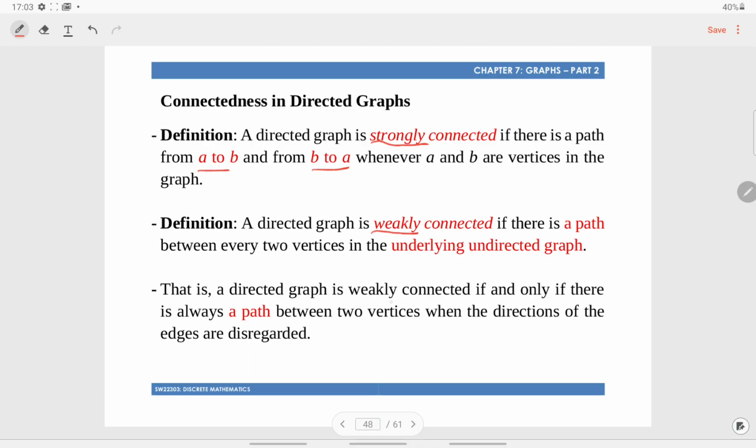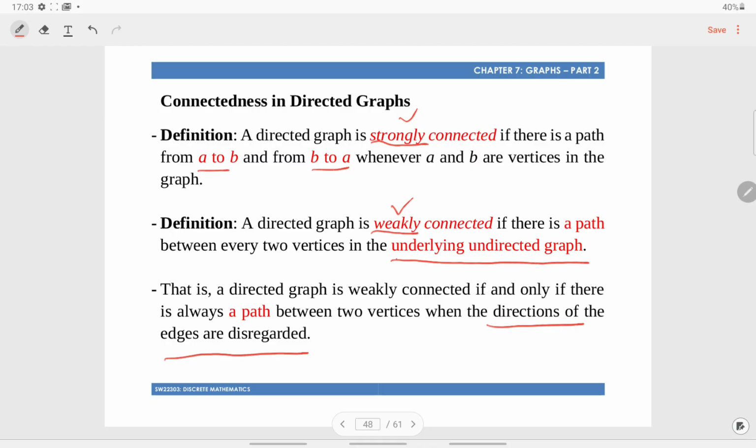A directed graph is weakly connected if and only if there is always a path between two vertices when the direction of the edges is disregarded. That means in the directed graph we omit the direction, and we call that the underlying undirected graph. So that's the condition to be strongly connected and weakly connected.